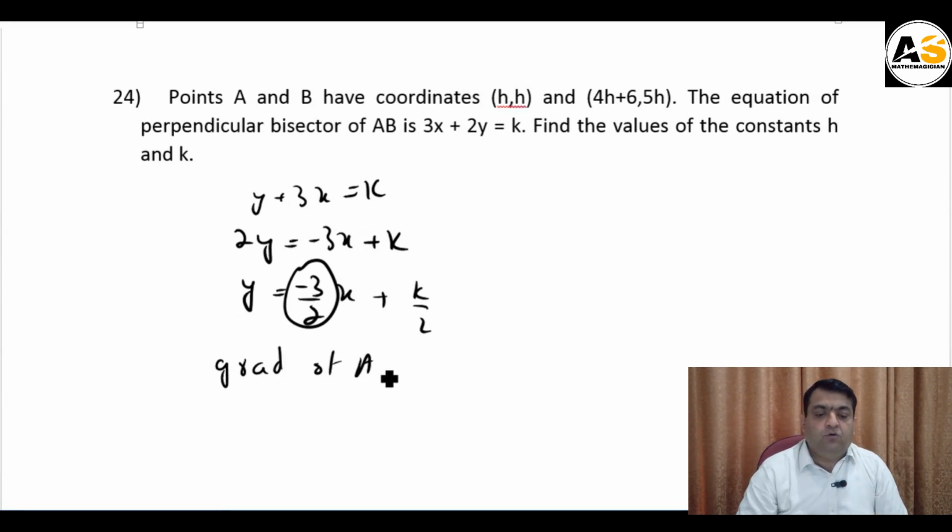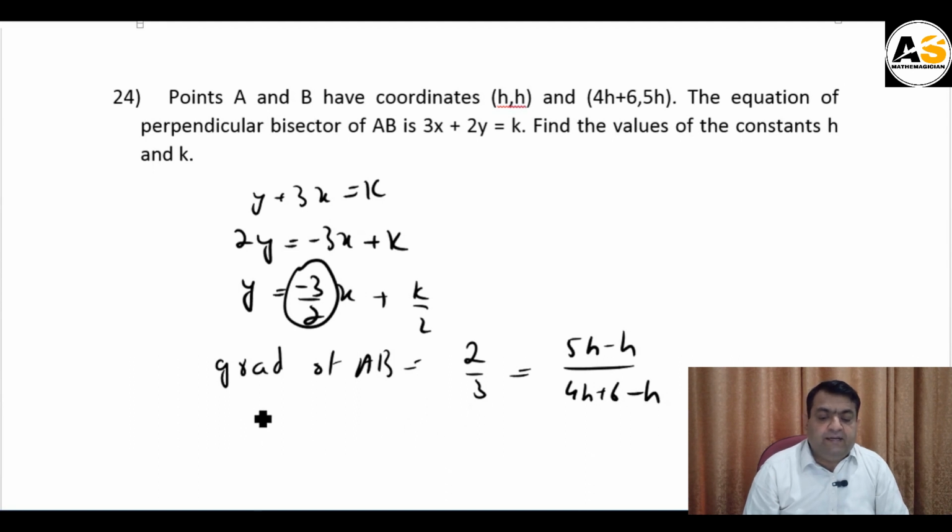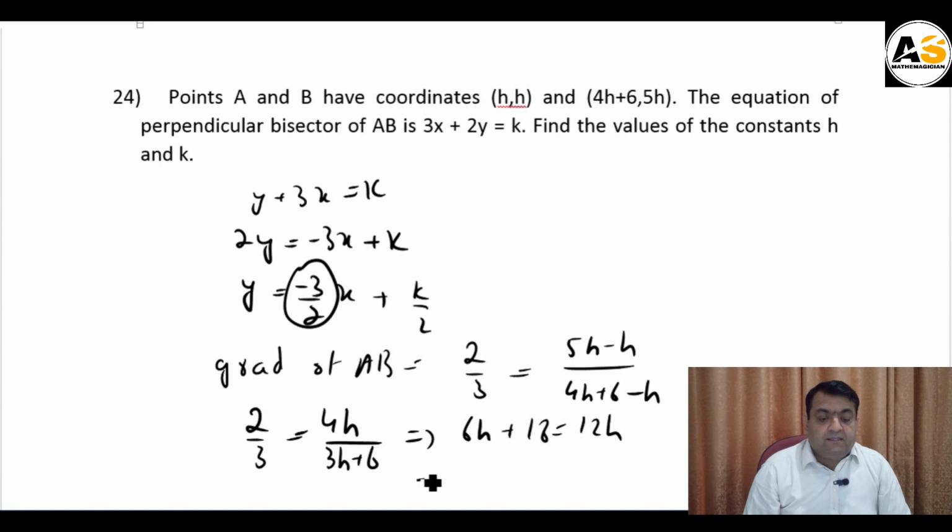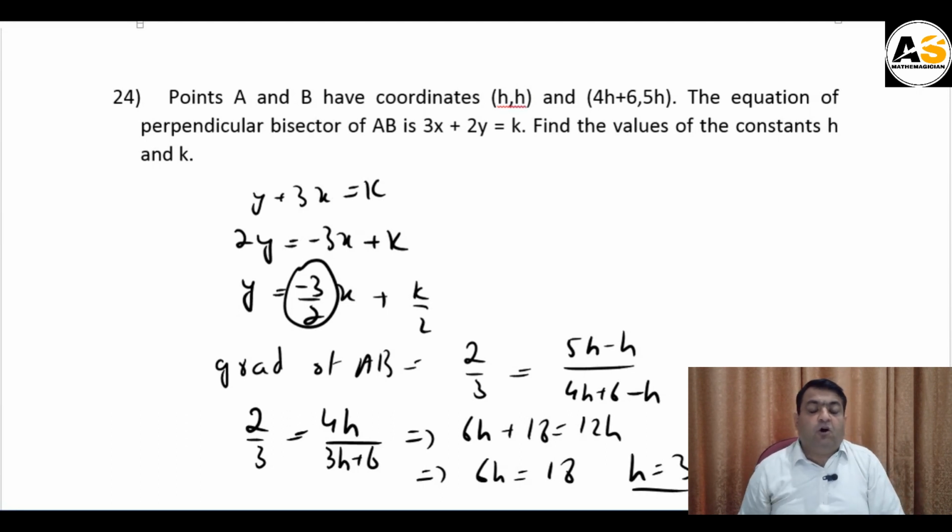The gradient of AB will be equal to 2 over 3, which is y2 minus y1 over 4h plus 6 minus h. From here I can write 2 over 3 is equal to 4h over 3h plus 6, which implies 6h plus 18 is equal to 12h, which implies 6h is equal to 18 and gives h is equal to 3.